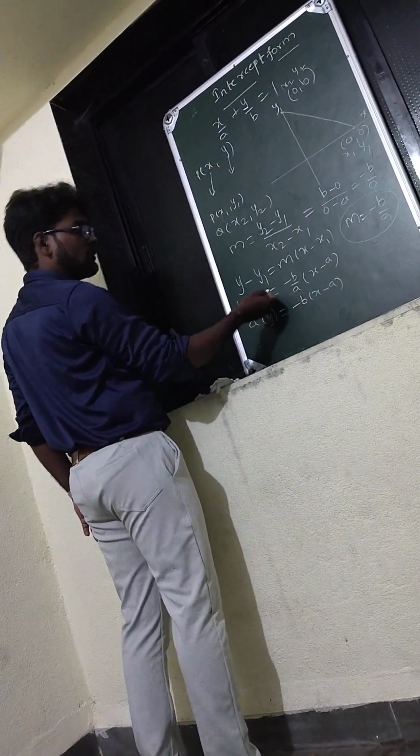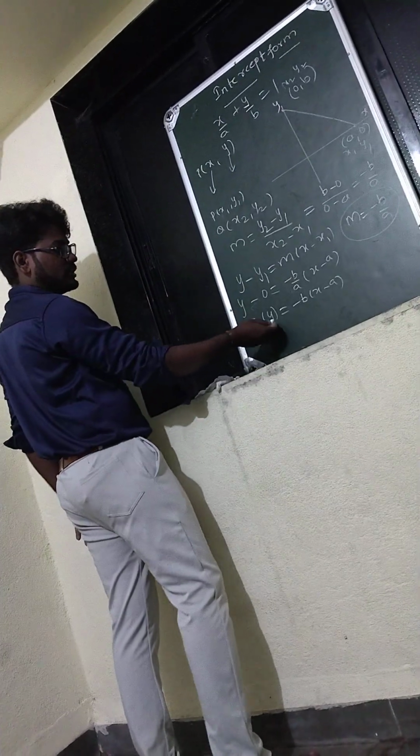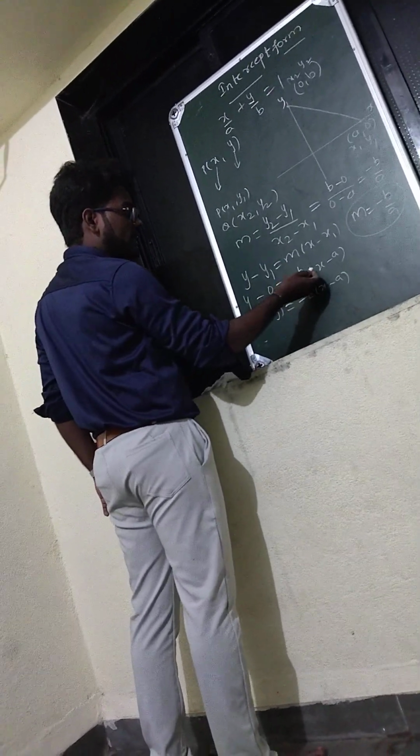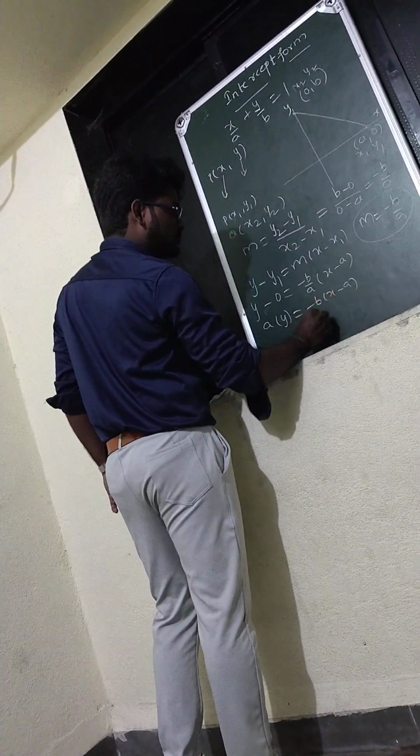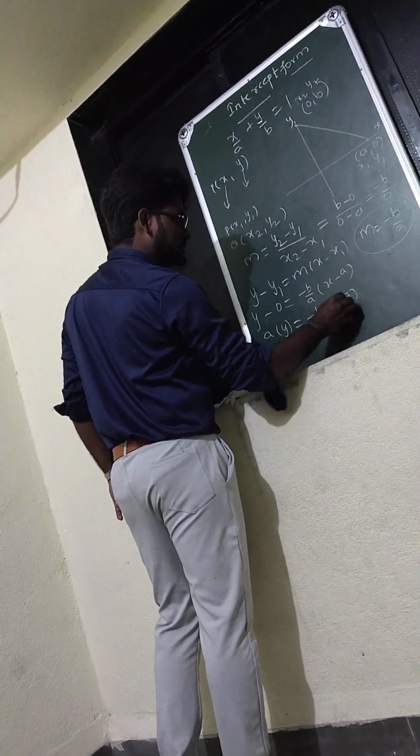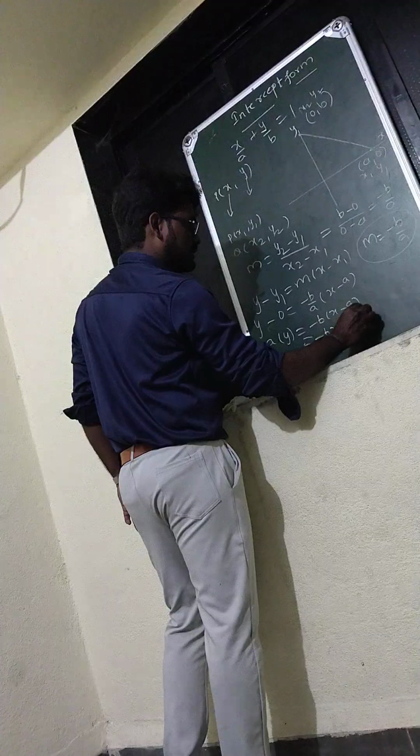a into y, then y minus 0 is y. a into y equals minus b into x minus a. Minus into plus gives minus bx, minus into minus gives plus ab.